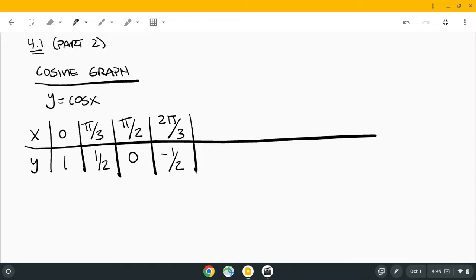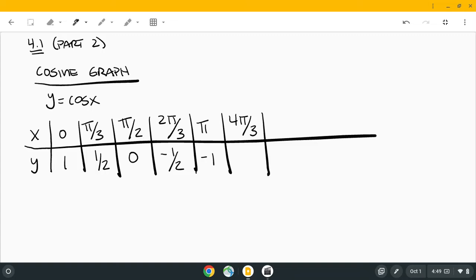And then pi, the x value there is -1. And then I want the reference angle after pi in quadrant 3, reference angle pi/3, so that would be 4 pi/3.